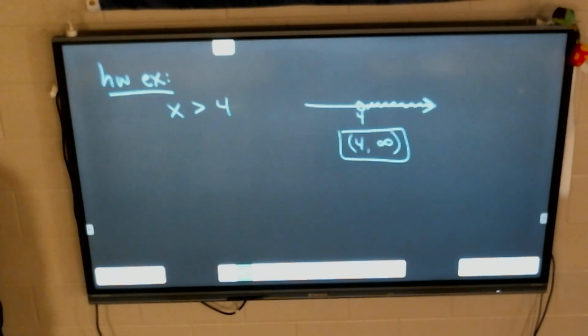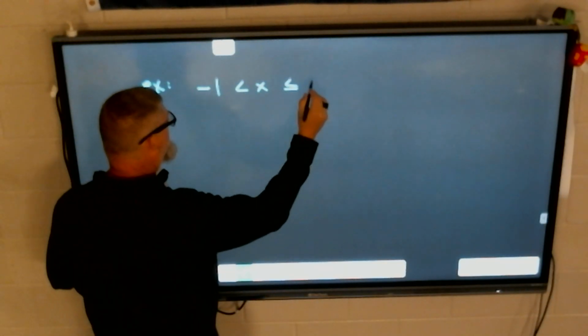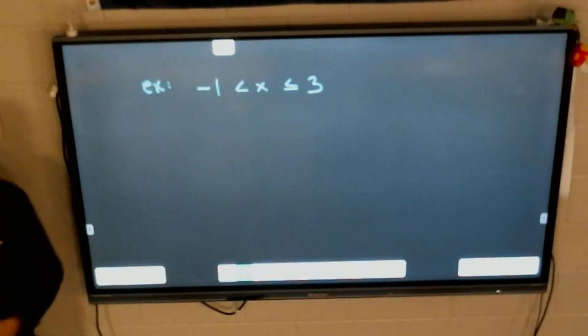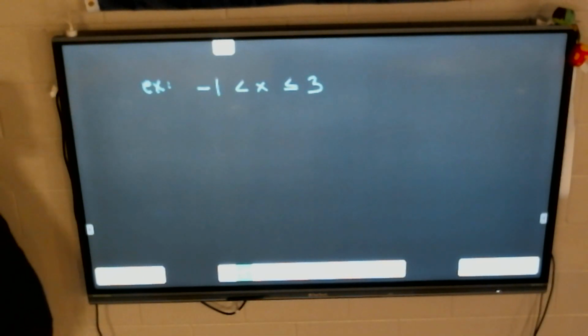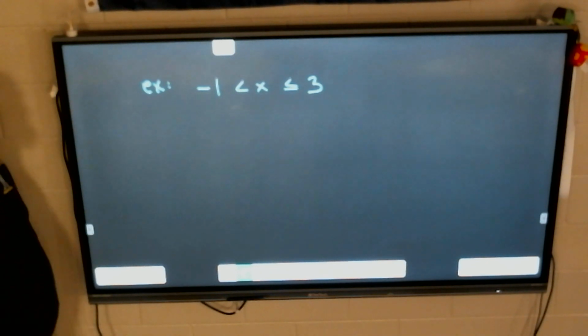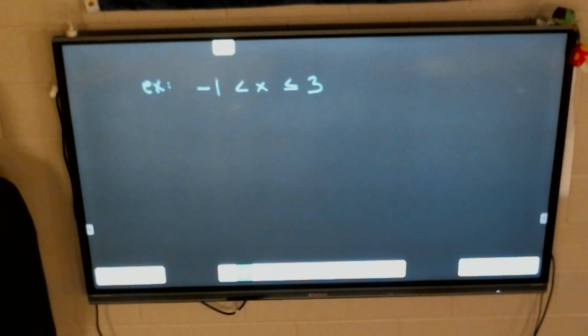All right, let's do another one from homework. This is going to be a good one. We have another example. Negative 1 is less than x, which happens to be less than or equal to 3. So let's think for a second, what are some possible solutions here?